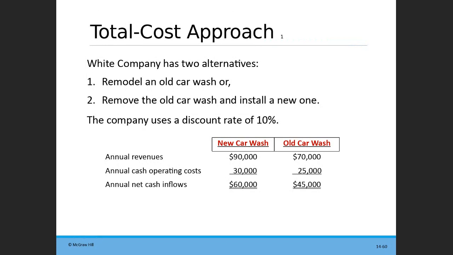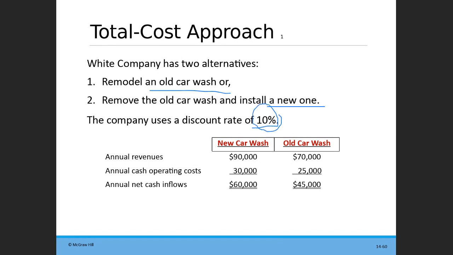So here's an example. We've got two choices. We can remodel or we can build new. We have to pick a discount rate, maybe based on our cost of capital, maybe based on something else we can invest in, but in this case we've chosen 10%.